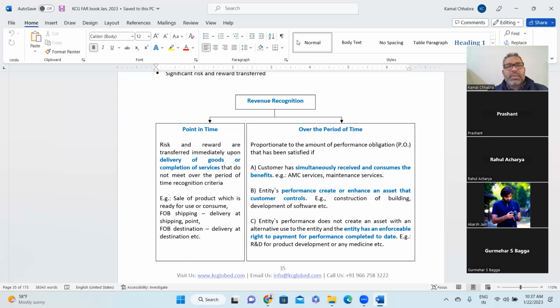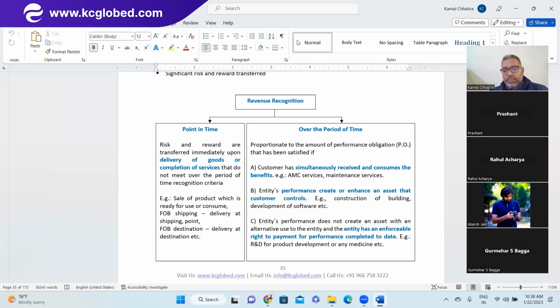The research is specifically and dedicatedly for our product, so it has no other use. Rahul, Lakshya, and Gurmeher cannot sell that research to any other person in the world. So in that scenario, they can recognize the revenue over a period of time.